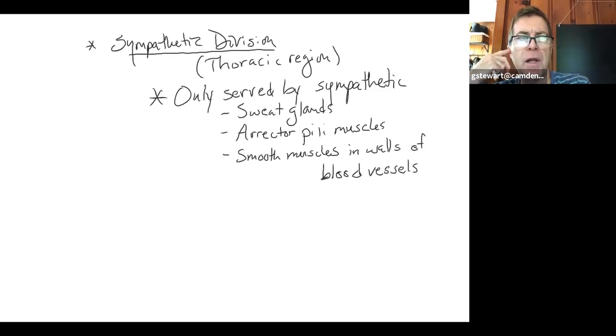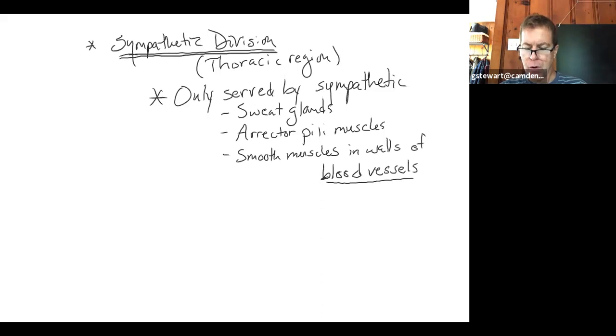So here's the deal with blood vessels. When the sympathetic division gets turned on, these smooth muscles either contract or relax, which causes constriction and dilation of our blood vessels. That allows blood to be shunted or diverted to certain areas of the body and restricted from other areas when we're stressed out. Okay.